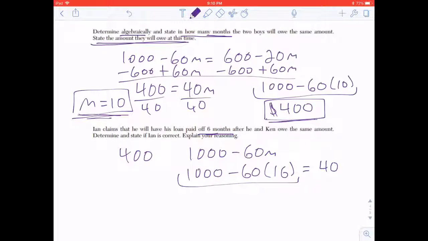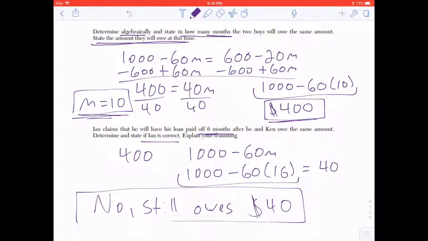Which means, is Ian correct? No. Still owes $40. Okay, so again, we're kind of building on the previous equation here. I'm using the $400 as part of it, or I could substitute 16 in for M.